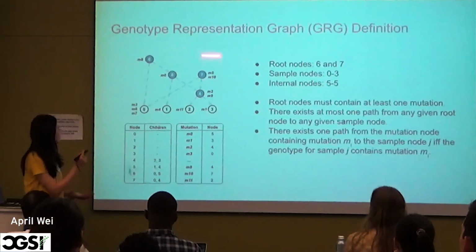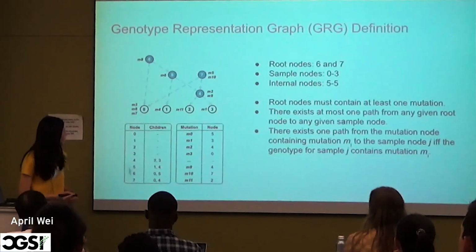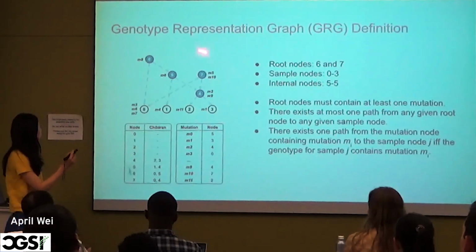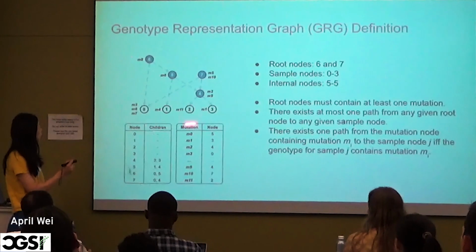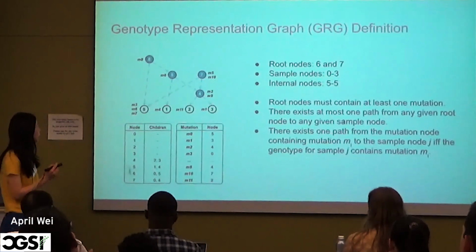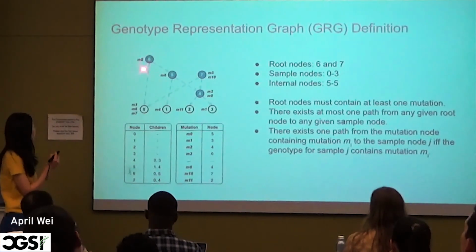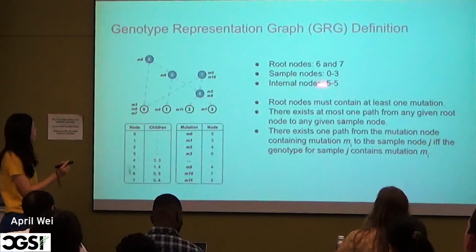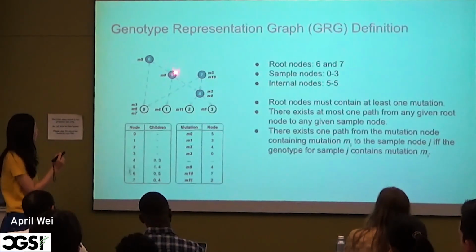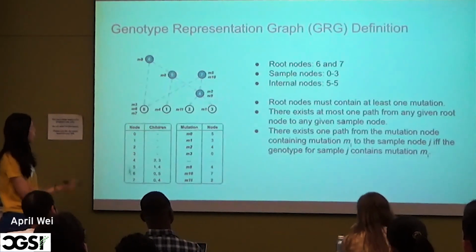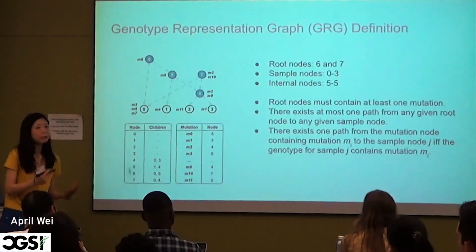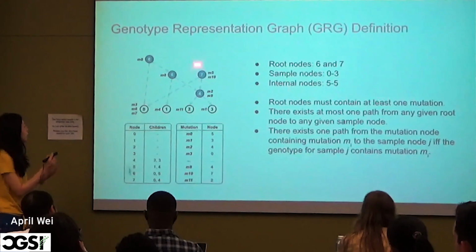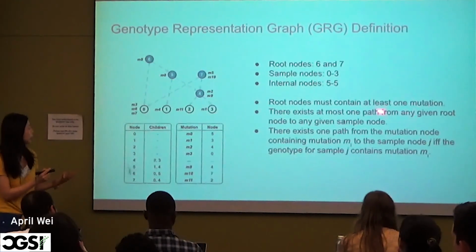And so this is a small illustration of what kind of data structure we are thinking about. In this case, we have 2 root nodes, that is 6 and 7, and we have 4 sample nodes from 0 to 3, and 4 and 5 are the internal nodes. We define root nodes such that they must contain at least one mutation.